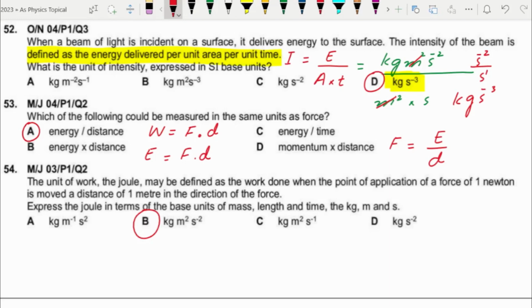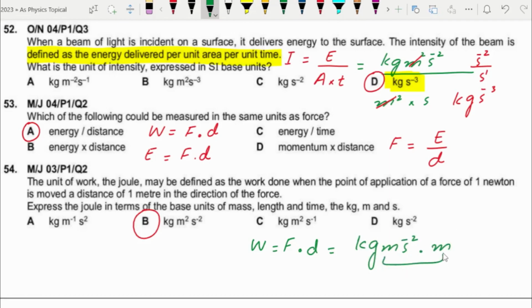In case you fail to memorize this one, you can derive it as well. I mean, it's not a compulsion that you need to memorize, it's just for saving time. So you can derive joules as force times the distance. Force would be in kg ms minus 2, distance would be in meters. So what do you get?